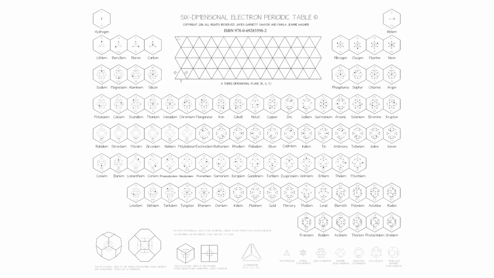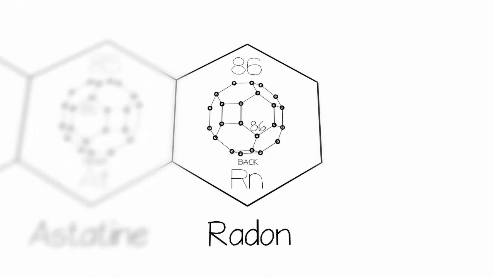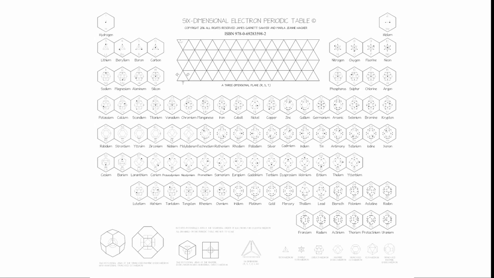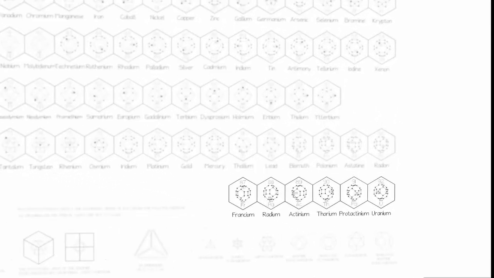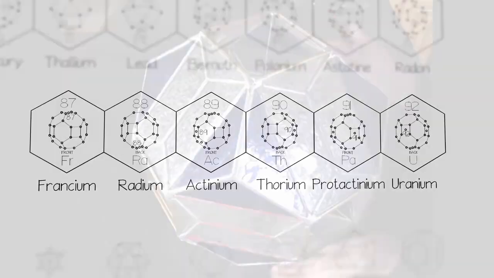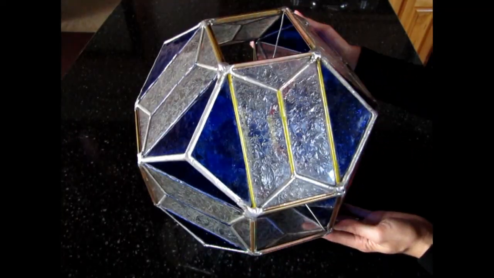So 32 and 54 makes 86, so that's the atomic structure of radon. And then to cap off the periodic table, 32 electrons would be the truncated rhombic dodecahedron, and it has 32 electrons in it.